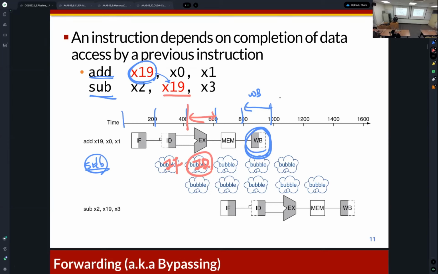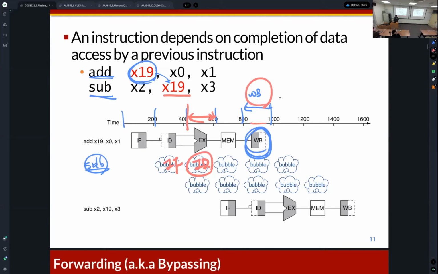What's the problem? The following sub instruction tries to read operands from the register file during this time period, but this data is not ready. This data does not exist in the register file, right? Because the data will be written back during this later time period.